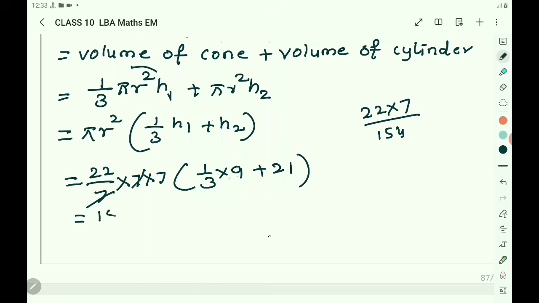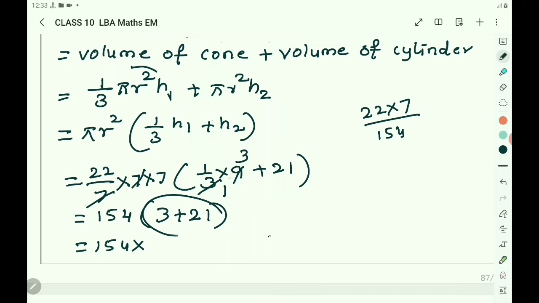Equals 154 into, you can cancel 3 1s are 3, 3 3s are 9, 1 into 3 is 3 plus 21 equals 154 into 21 plus 3 is 24.